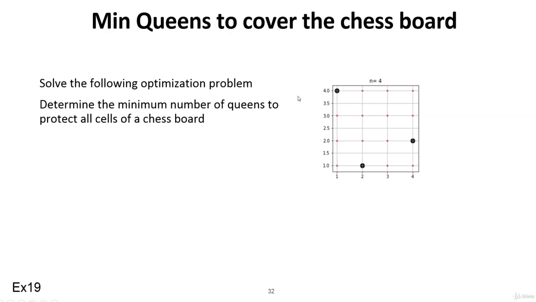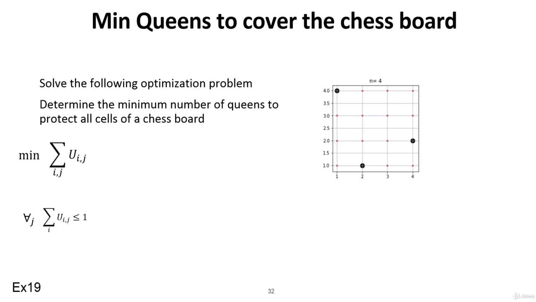But how can we solve this in general? If we are given an n by n chessboard, how many queens are required? What is the minimum number required? We want to minimize the number of them, so I have to define a binary variable called u_ij, which tells us whether at cell i, j there is a queen or not.